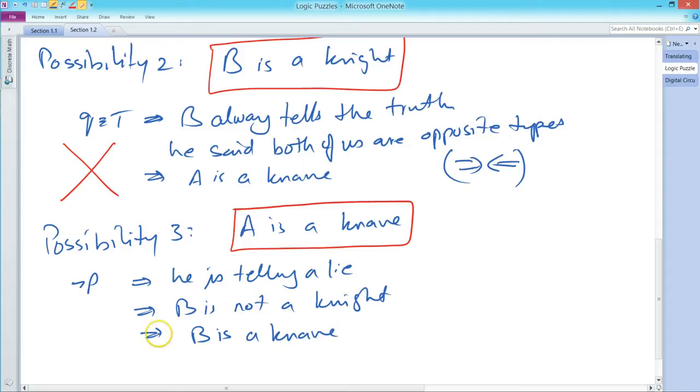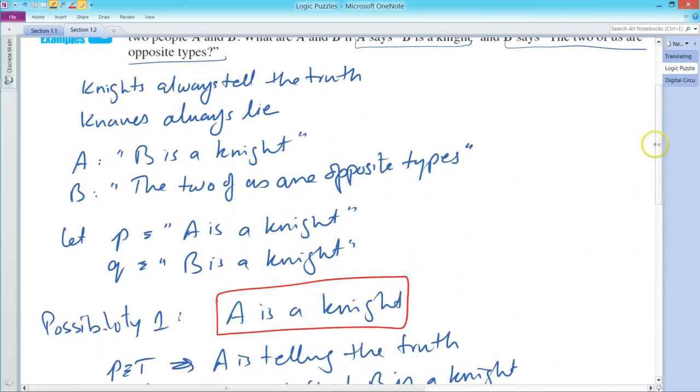Now, if B is a knave, this means that whatever B is telling me is also incorrect. Let's go and see what B told me. B said that the two of us are of opposite types. Now, if B is a knave, then this is incorrect.